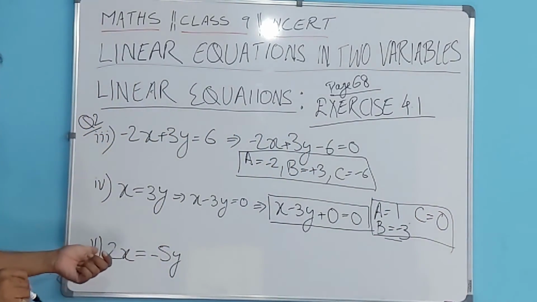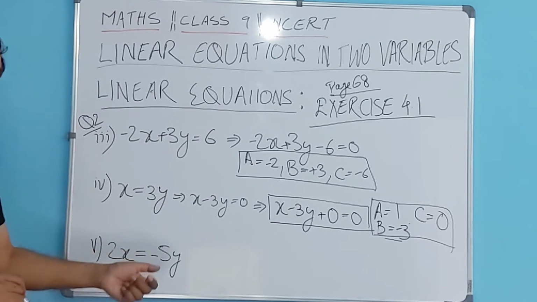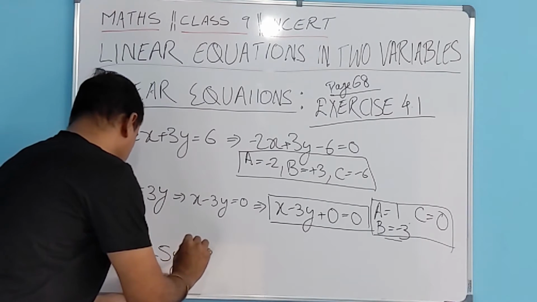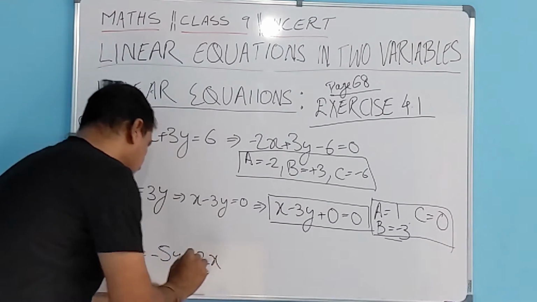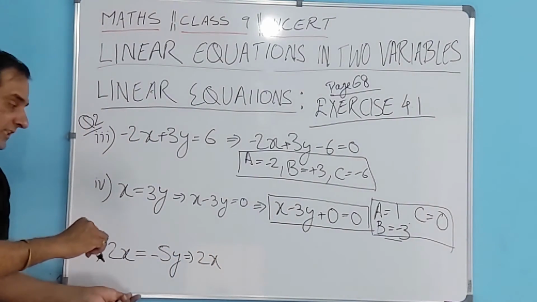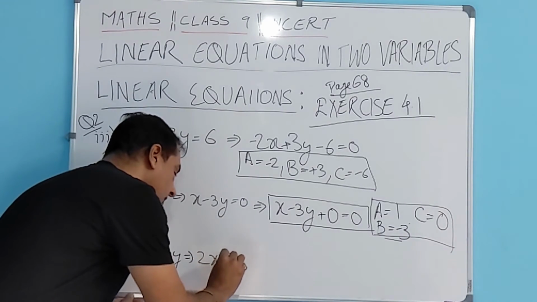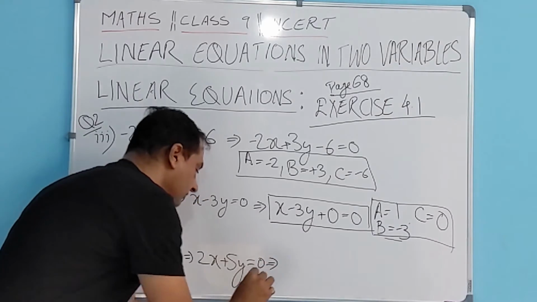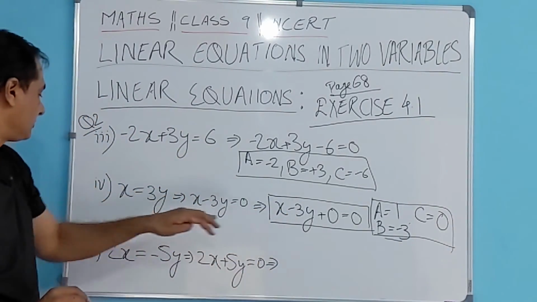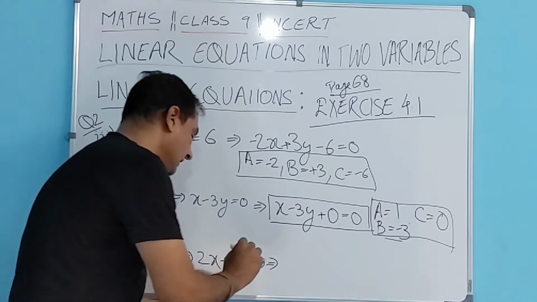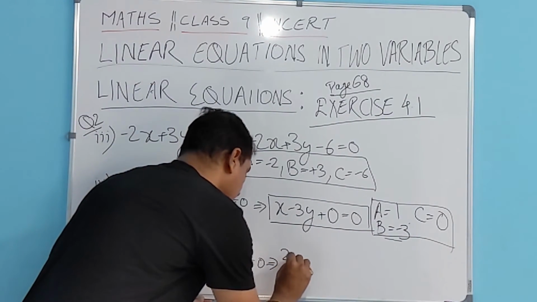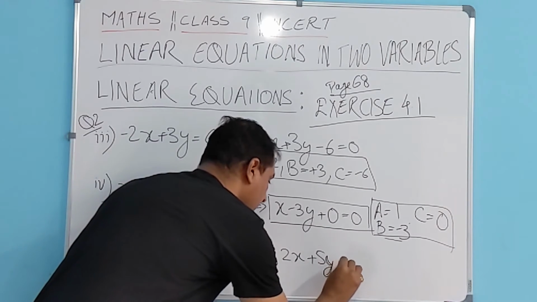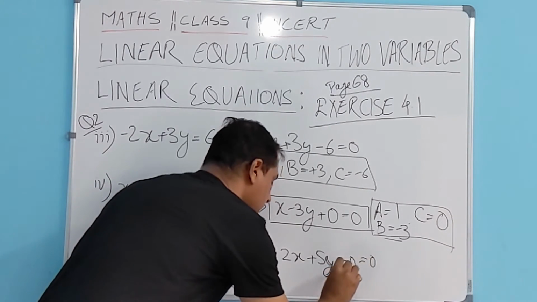This brings us to the fifth question, which is 2x equals to minus 5y. Again, we have to write that in ax plus by. So 2x, if we bring this minus 5y on left hand side, it will come with plus 5 equals to 0, and if you want to add 0 as what we have done in the fourth sum, we can write this as 2x plus 5y plus 0 equals to 0.